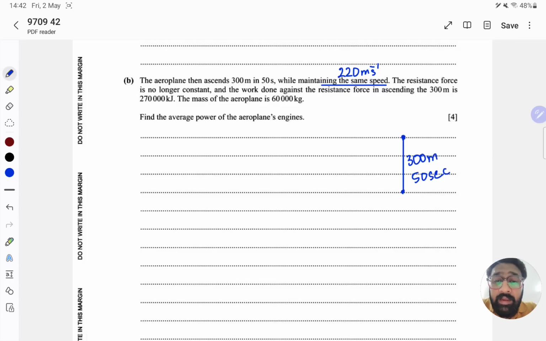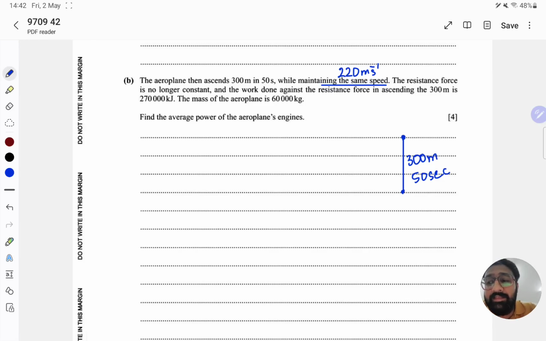The work done against the resistance force in ascending the 300 meters is 270,000 kilojoules. What you need to do is find the mass of the aeroplane. The mass of the aeroplane is 60,000. You need to find the average power of the aeroplane engine.